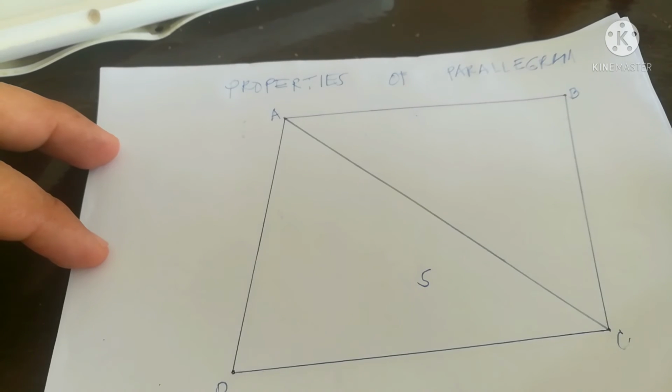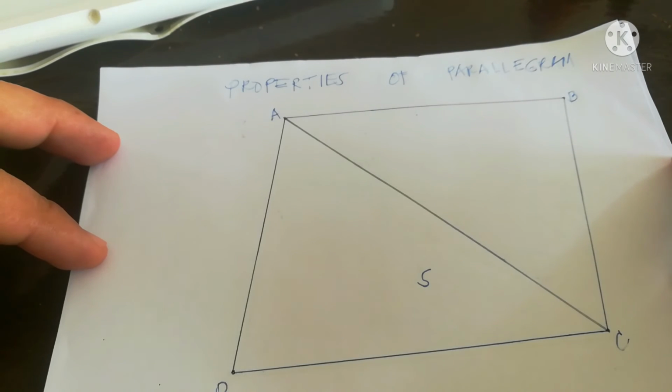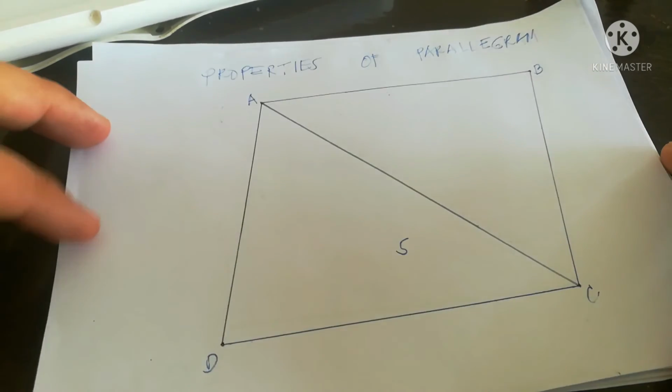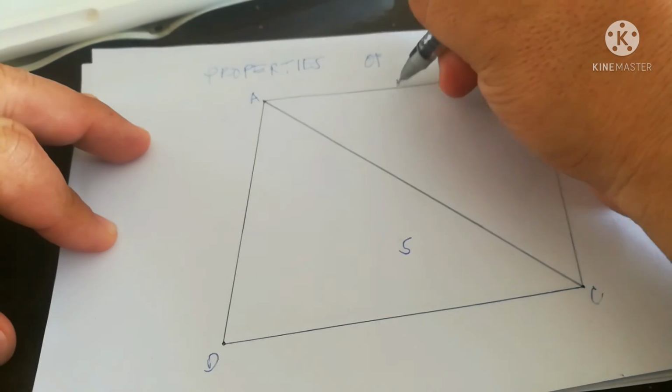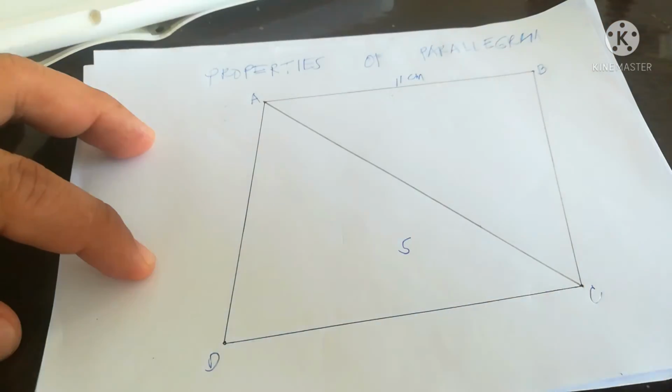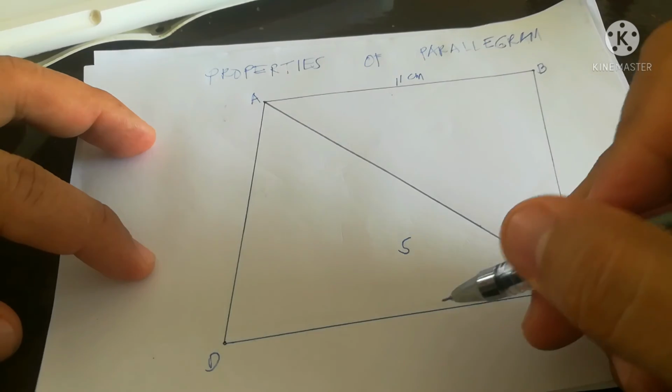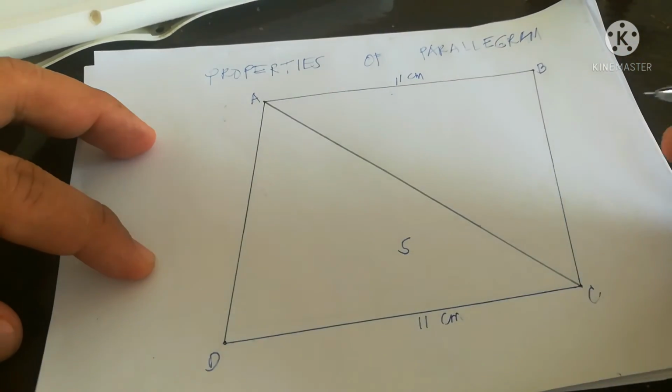The fifth property of parallelogram states that a diagonal of a parallelogram divides the parallelogram into two congruent triangles. If this is 11 centimeters, this side also is 11 centimeters.